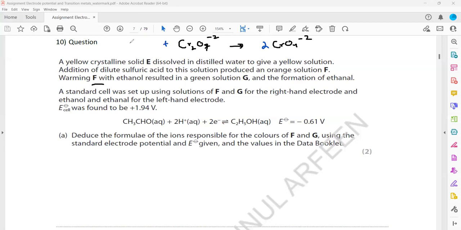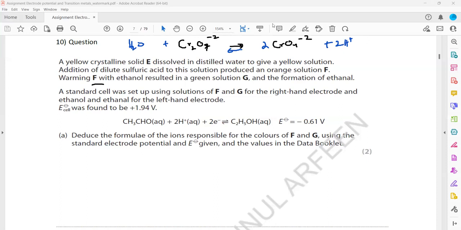To balance oxygen, we add water, and to balance hydrogen, we add protons. Then to balance the charge, we add electrons. Here we have -2, so we add electrons here.